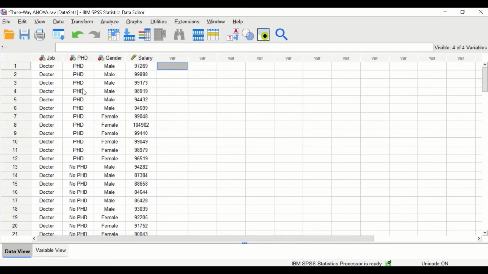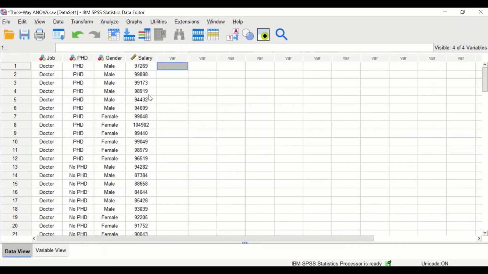The PhD factor has 2 levels: either you have a PhD or no PhD. So there are 2 categories. The third factor is the gender factor, and it has 2 levels in it, male or female. So there are 2 groups.